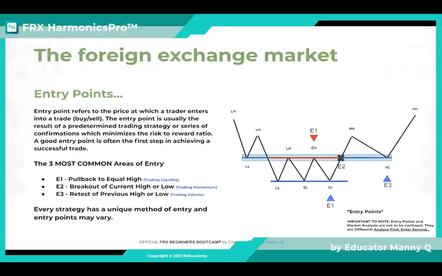Because the positive result of a good strategy and getting an entry point will minimize the risk to reward ratio. Meaning, as discussed in our previous masterclass, that when we enter the market, our risk would be significantly lower than our reward, because we are expecting at this particular price, at this particular moment in time, for the market to start moving in our direction.